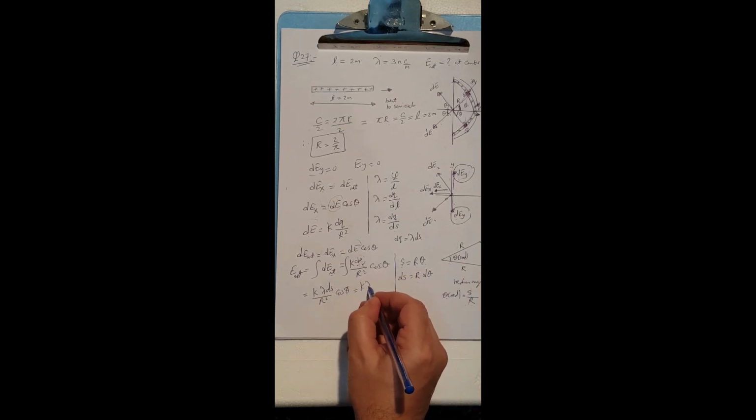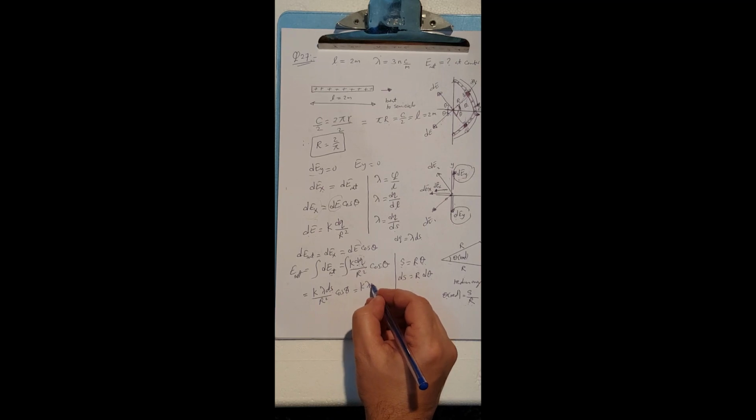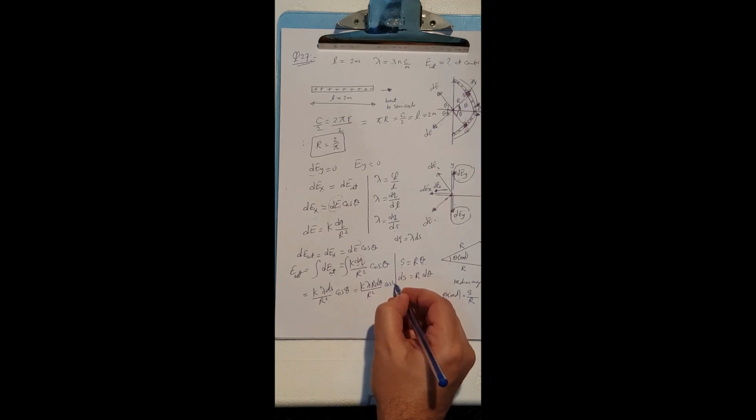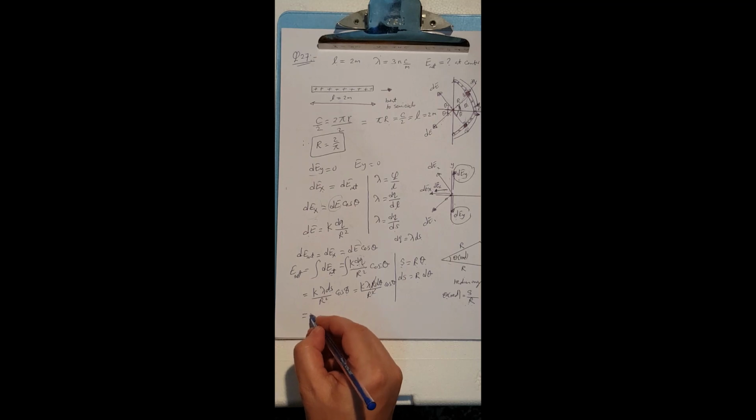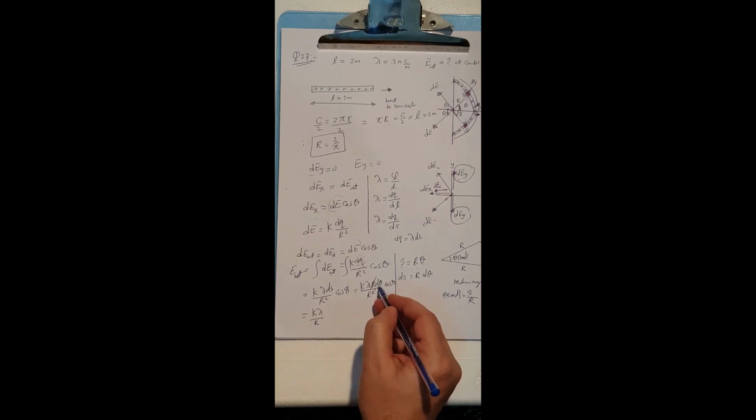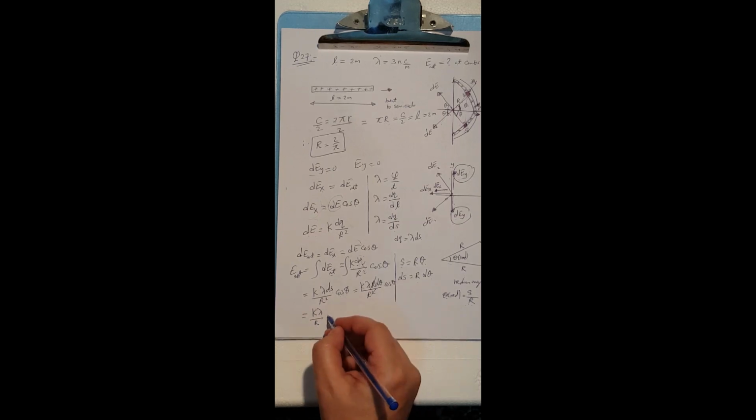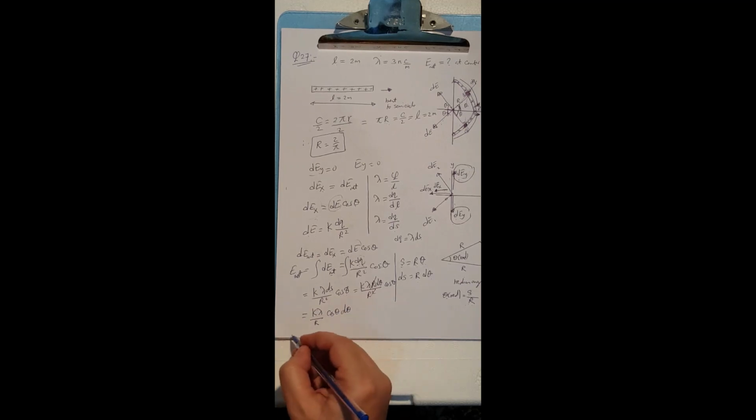So we'll have k lambda r d theta over r squared multiplied by cosine theta. You can see that one r cancels out, so we'll end up with k lambda over r. I rearrange, I put cosine theta d theta in the integration for E net.